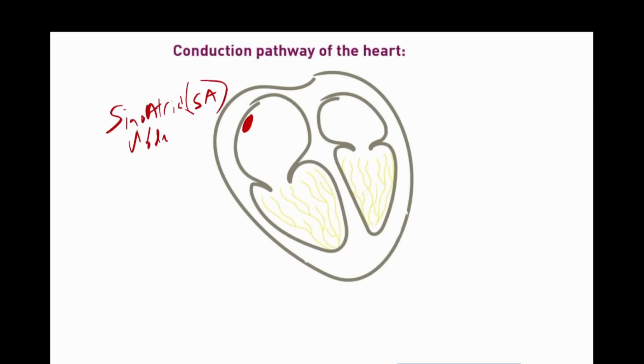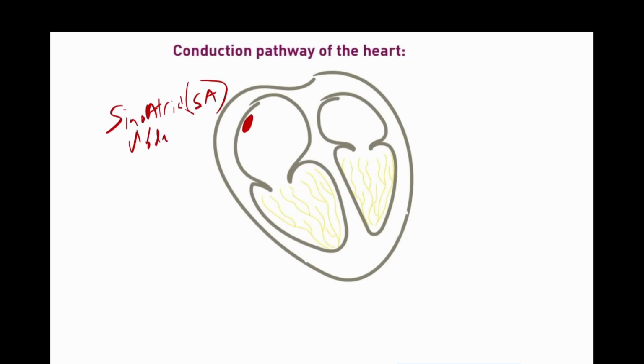It's a collection of cells. They're autorhythmic. So when I said the heart will beat by itself without any nervous input, it is because the SA node will continuously depolarize spontaneously, at a rate of 100 beats per minute, essentially.